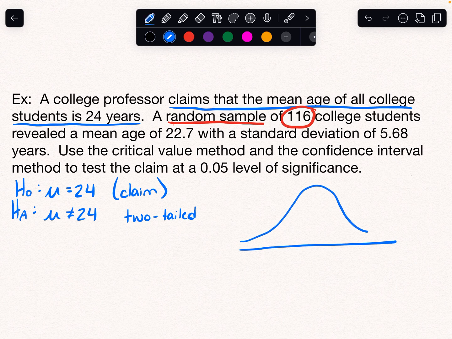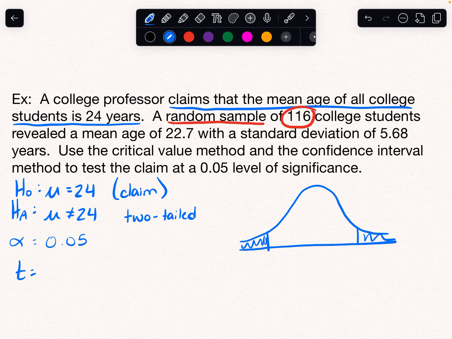All right, here's my two-tailed. So I have one thing on the left, one thing on the right, and I need to figure out my critical value. So this is what our graph looks like. Okay, my significance level is 0.05, and then we have to find our test statistic.